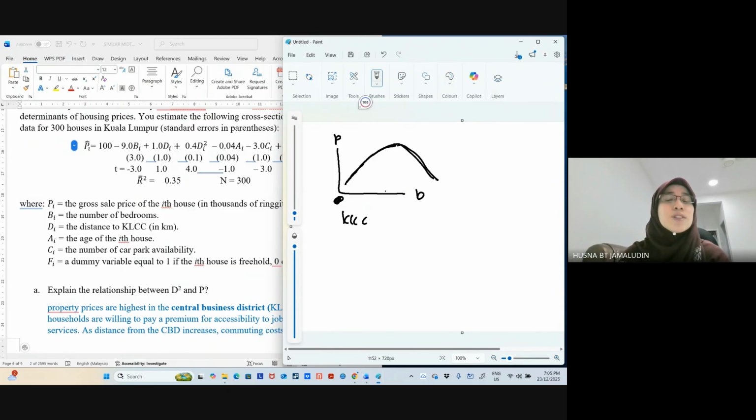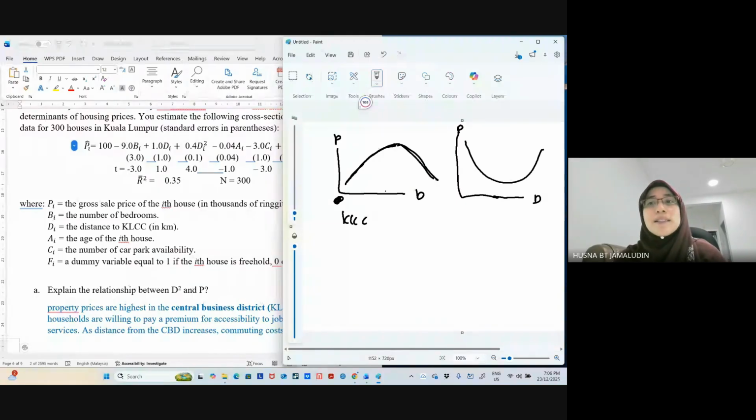So this is making sense, right? You can also explain this as an inverted U shape. You can also explain a U shape. It depends on how you want to explain it. You can say, well, this is 0. If the house is close to KLCC, the price is high. But the further the distance, the lower the price.